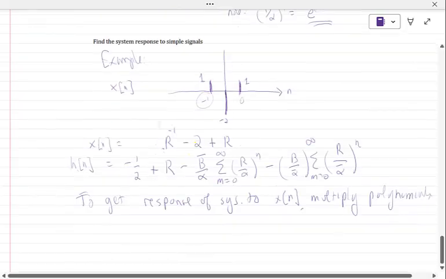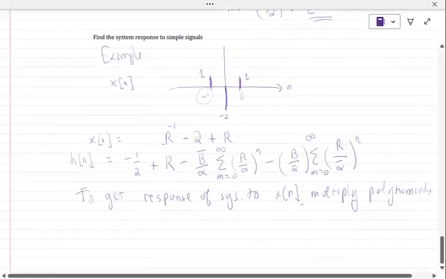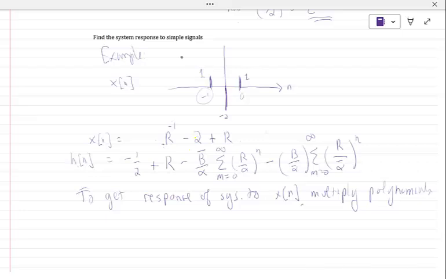Right now it gets a little bit complicated, but suppose I wanted to get the response at time 3.